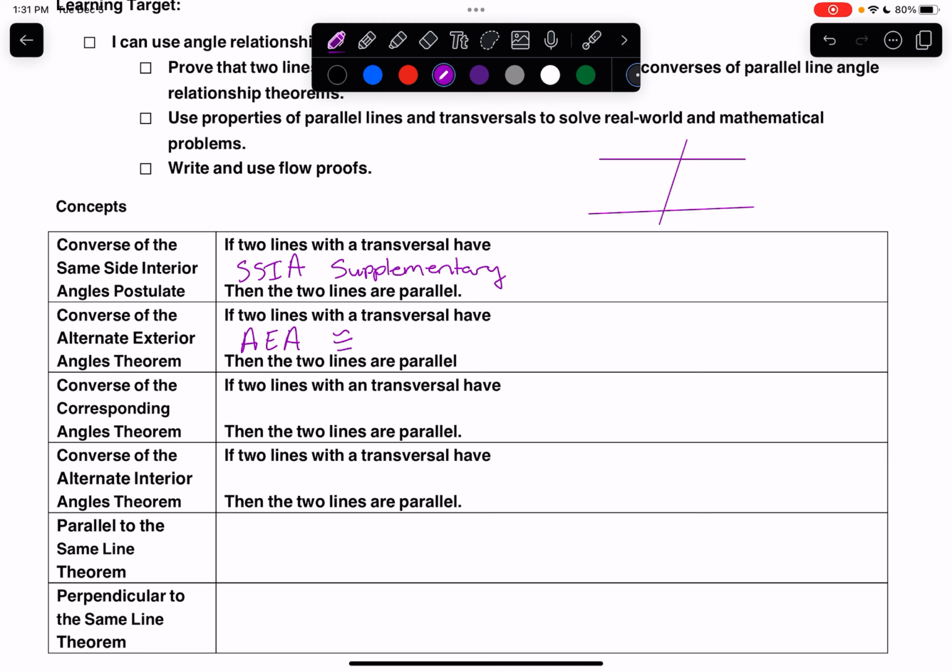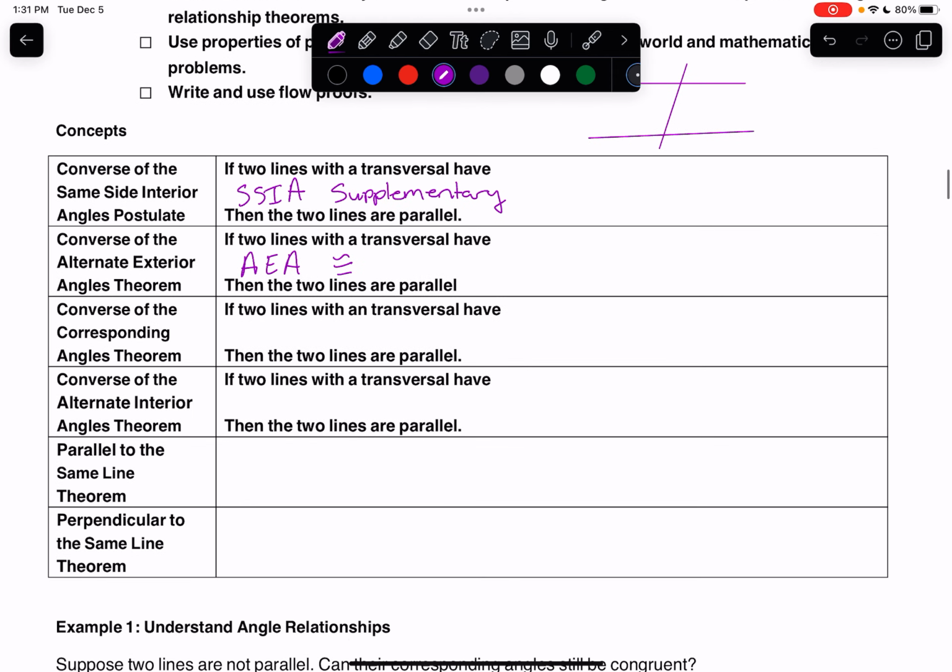The converse of the corresponding angles theorem: if two lines with a transversal have corresponding angles congruent, then the lines are parallel.